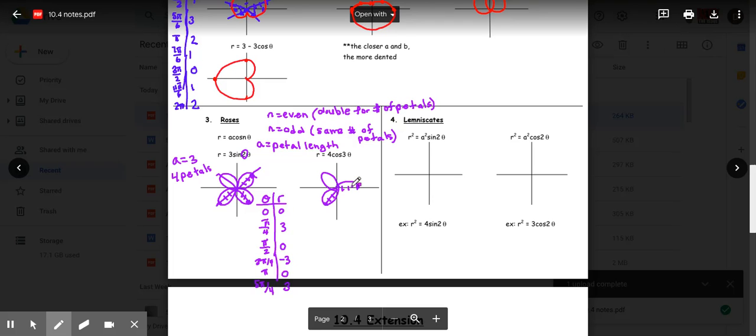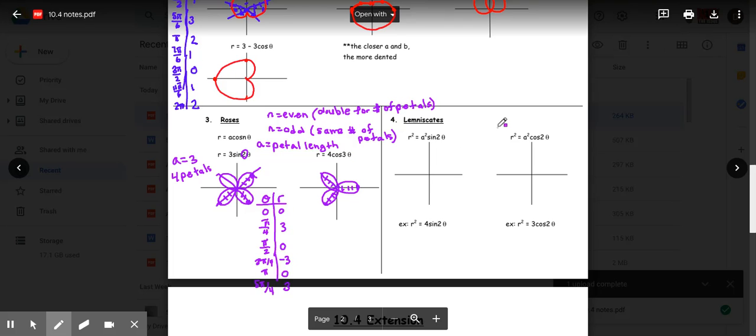Oops, and this should have been out to 4. Okay, so let's pretend that's 4. Okay, petal length of 4. All right, so 3 petals here because the number's odd and the petal length is 4.